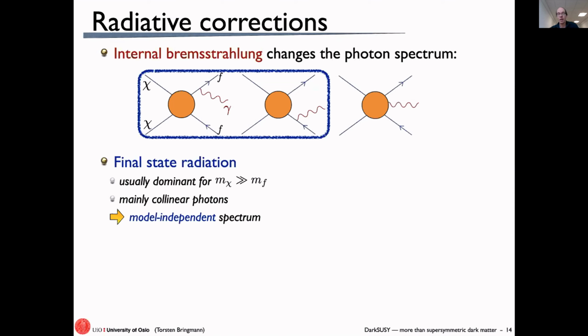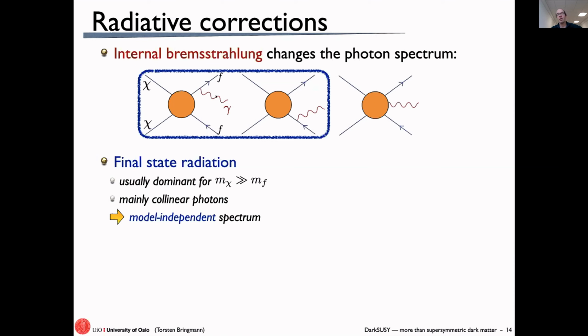Then you can, in a general way, discuss the different features of these kinds of diagrams that you can have. If we really have a point-like interaction here, then in many cases these diagrams will dominate, and you can make these statements also in a gauge invariant way, because of course you can't look at individual diagrams in a naive way.